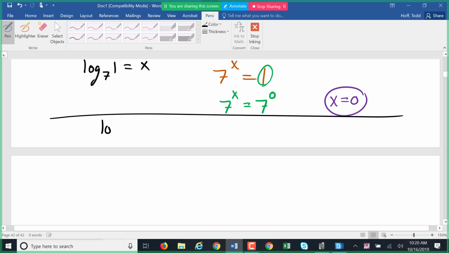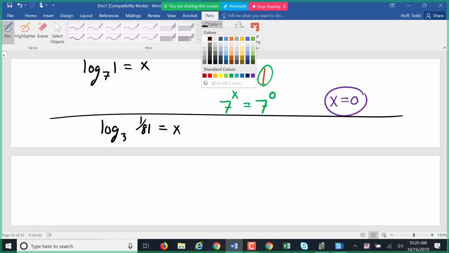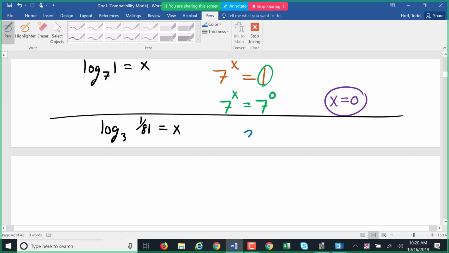And we've seen similar to this, log base 3 of 1 over 81 equals x. That's saying 3 to the power of x equals 1 over 81.